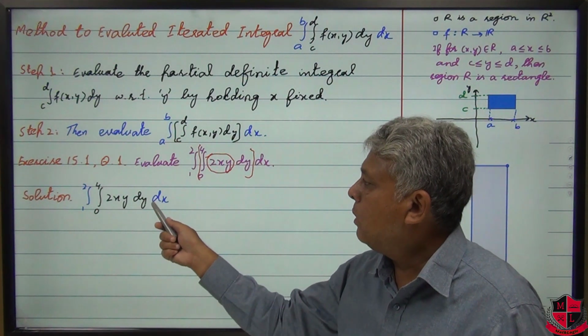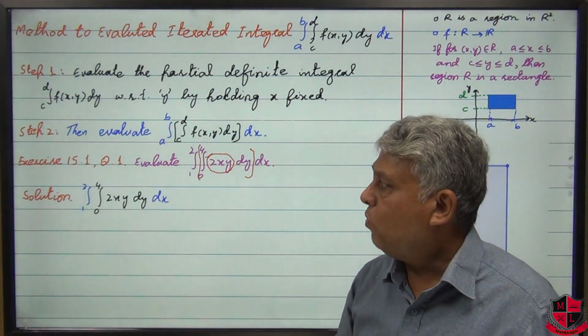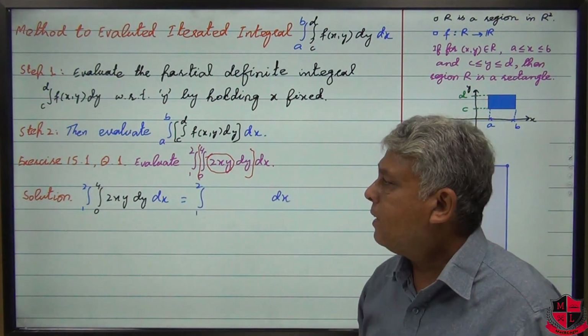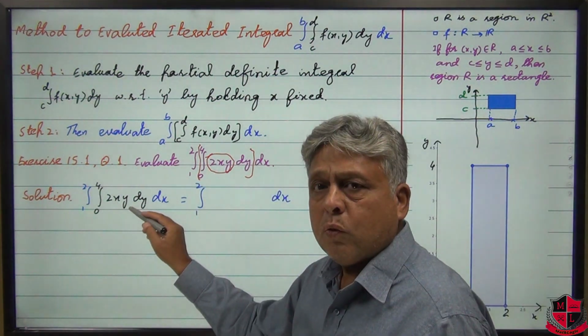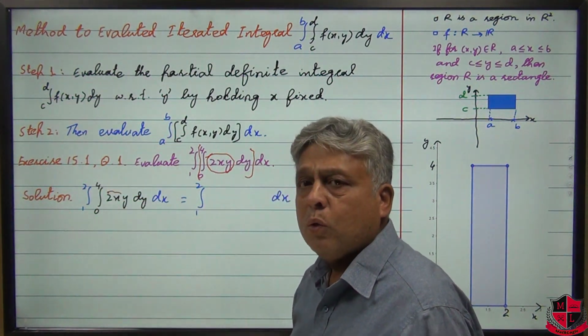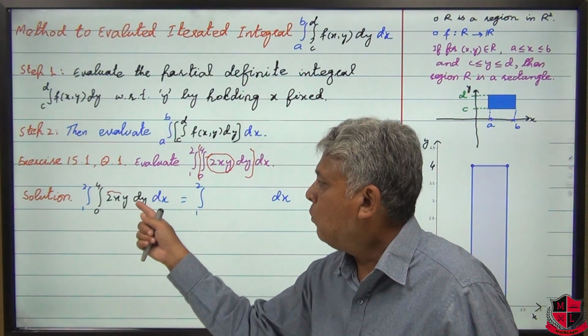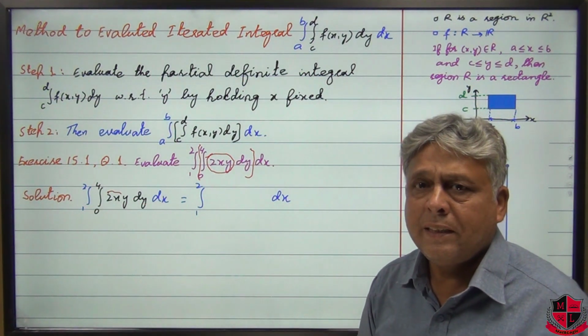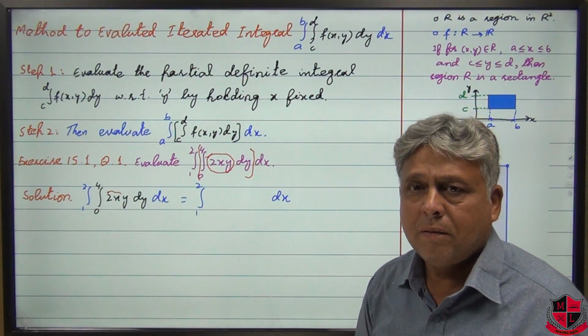First, we have to integrate with respect to y. The outer integral from 1 to 2 dx will remain the same. In order to evaluate this inner integral, we shall keep 2x constant and we shall integrate with respect to y. How shall we integrate with respect to y?